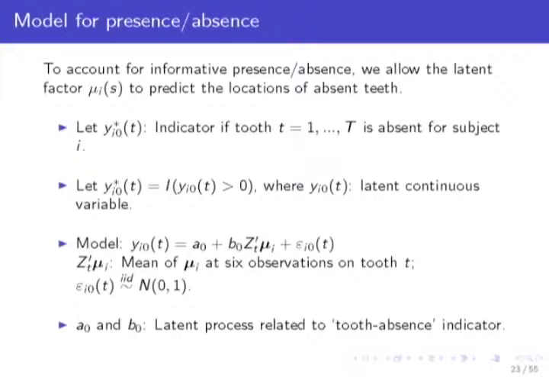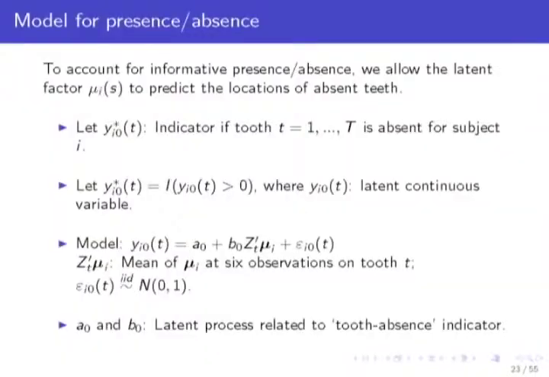Now, one thing I want to cite here is that the missingness is happening at the tooth level. If the tooth is missing, then all the sites you cannot measure, but the response is at the surface level. So in order to play with the shared random effect structure with the spatial random effect mu i, I thought of doing this trick that you can convert y i0 t into z t transpose mu i.